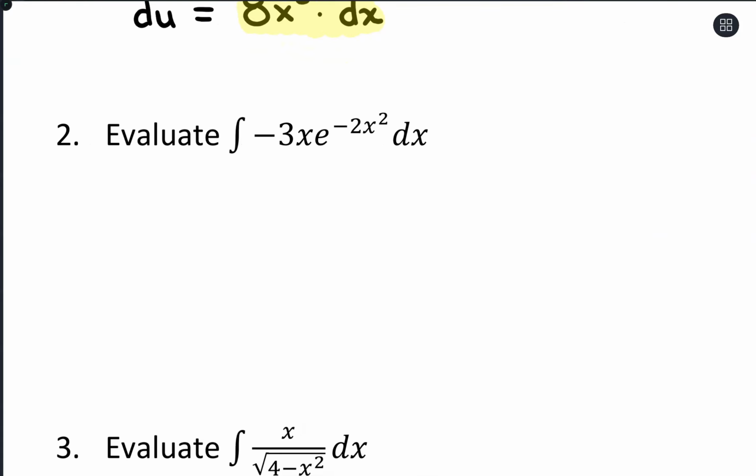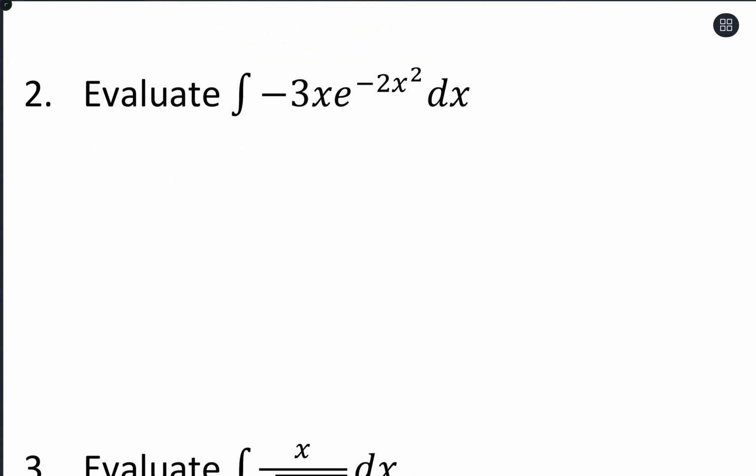All right, let's go to this next one, the antiderivative of negative 3x times e to the negative 2x squared. In terms of looking for an inside function, I can see there's this function inside the exponent there. So I'm going to try out what happens if I let u equal negative 2x squared.